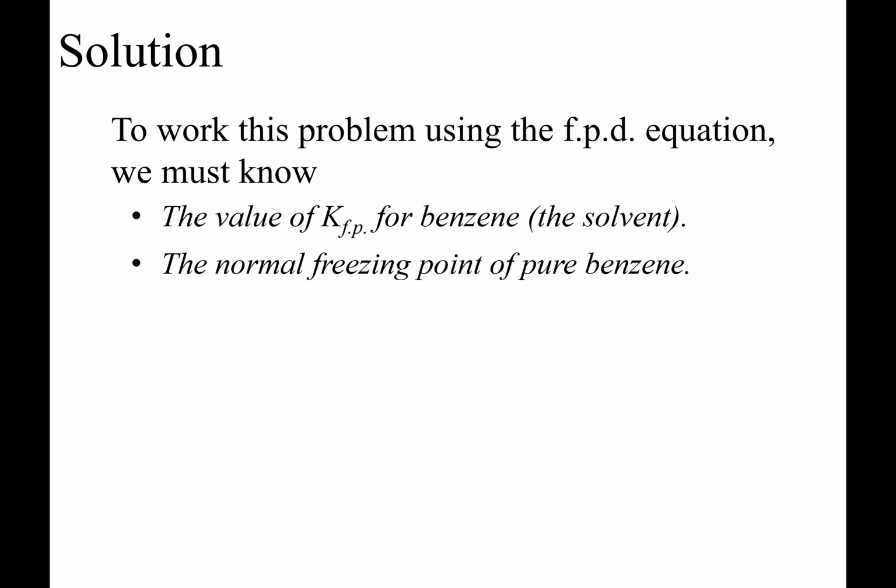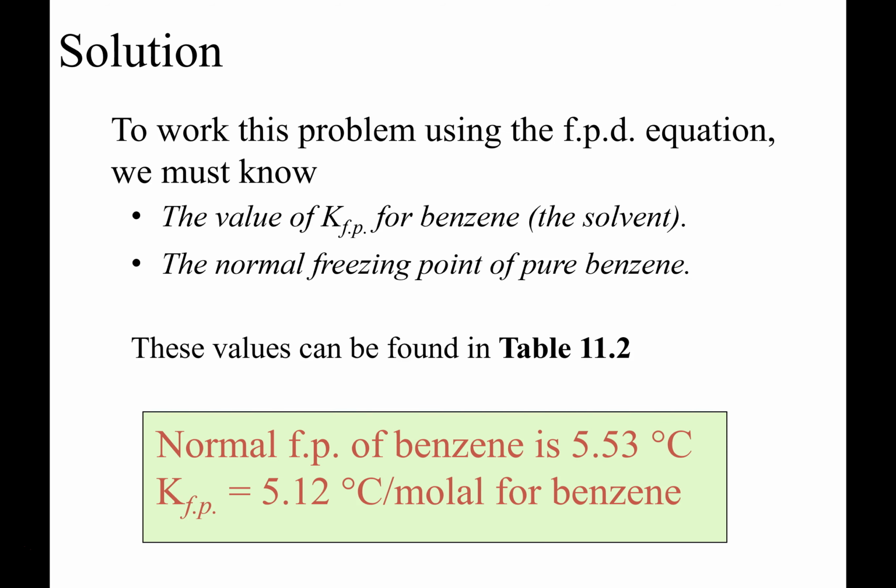We also need to know what it would freeze at normally. We can look both of those up, so those are both given. Normal freezing point temperature is 5.53 degrees Celsius. Freezing point depression constant is 5.12 degrees Celsius per molal. Again, remember freezing point depression constants and boiling point elevation constants are dependent only upon the solvent.